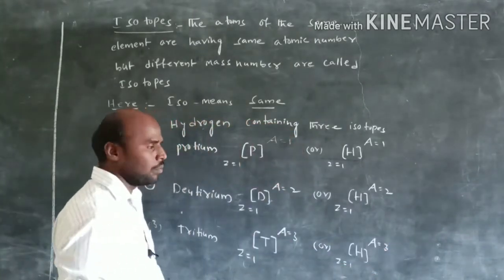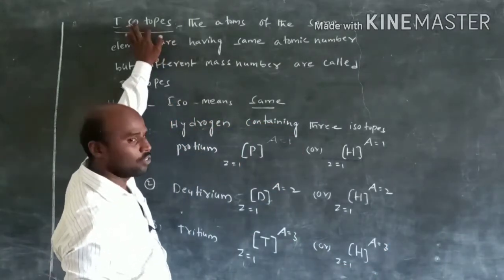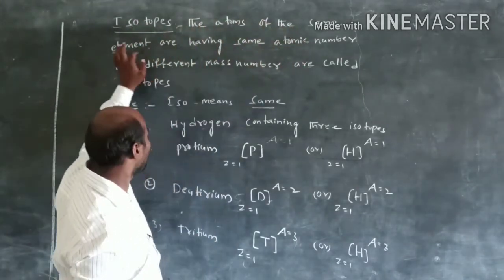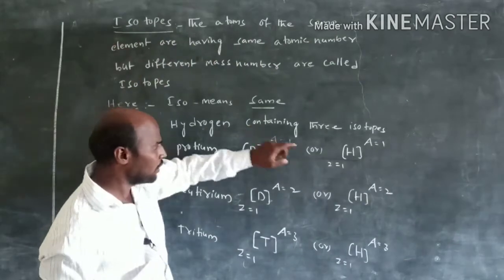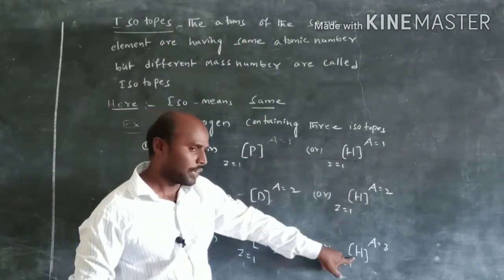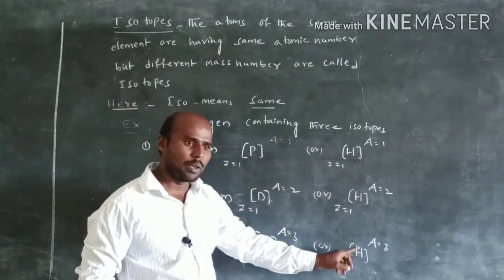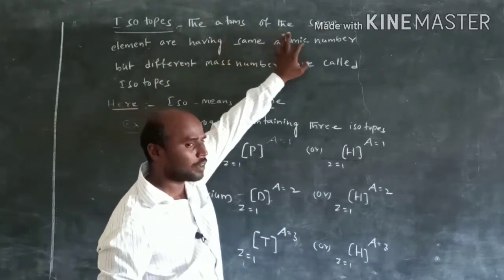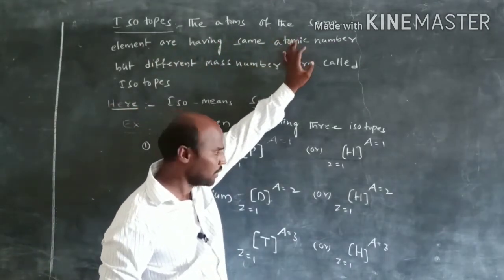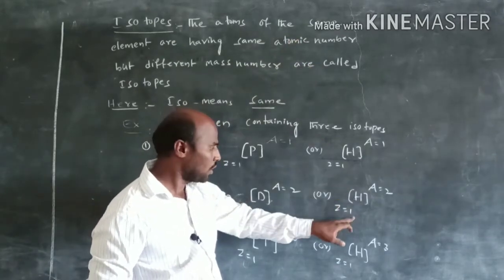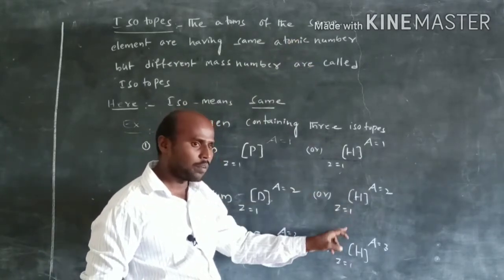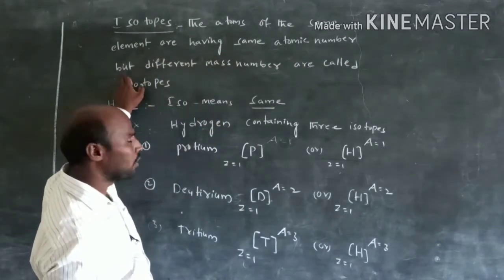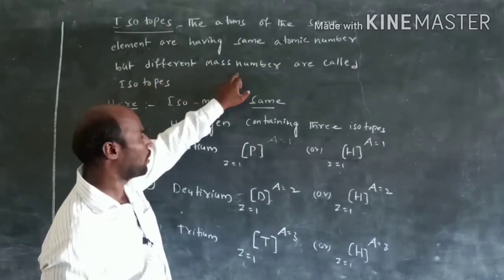Listen now. How can we define isotopes? The atoms of the same element. Here hydrogen, the element is the same, are having same atomic number. Atomic number 1, 1, 1, same atomic number, but different mass number.